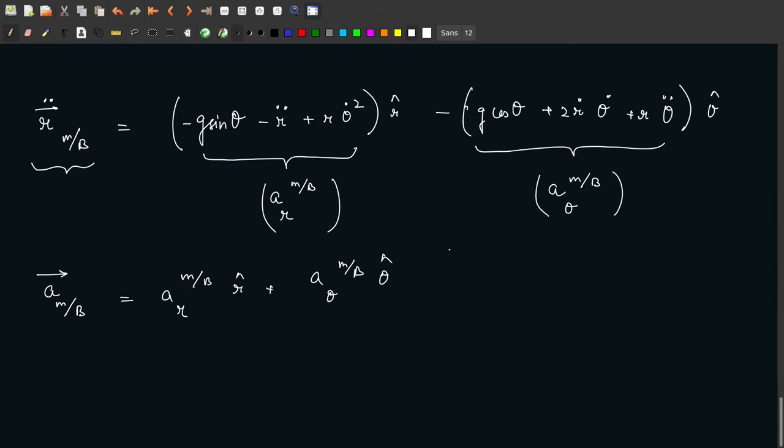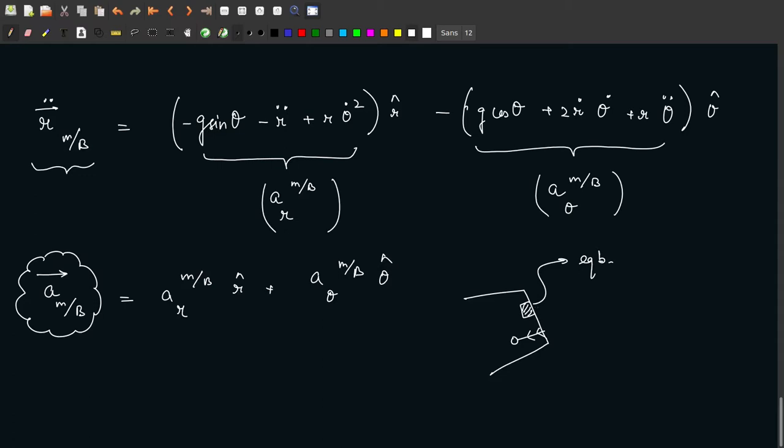Now just looking at the figure, we have to deal with the physics. So this is the acceleration of the mass with respect to the bucket frame. There is an observer who is standing inside and who is stationary with respect to the bucket. He sees that there is a mass m, and he sees that the mass m is at rest, that is, at equilibrium, but it is just about to slide.